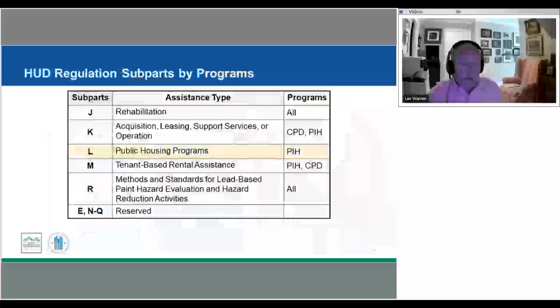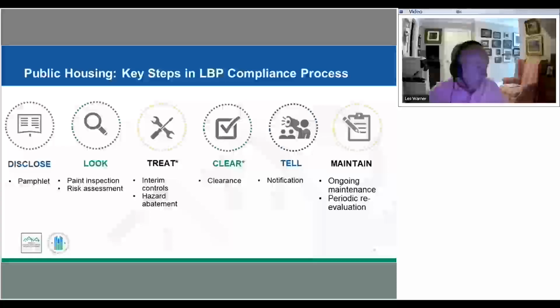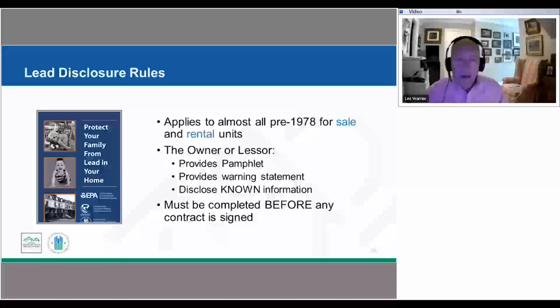I sometimes use the example, I sold my father's house a few years ago, and I was filling out the information about the disclosure, and in that case, verifying that we had no knowledge about that. But our lead disclosure rule does apply, and thank you, Chris, for swiftly finding that particular slide. It does apply to all pre-1978 units, both for sale or for rental units.